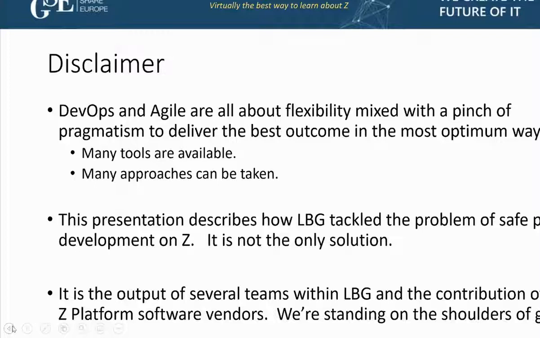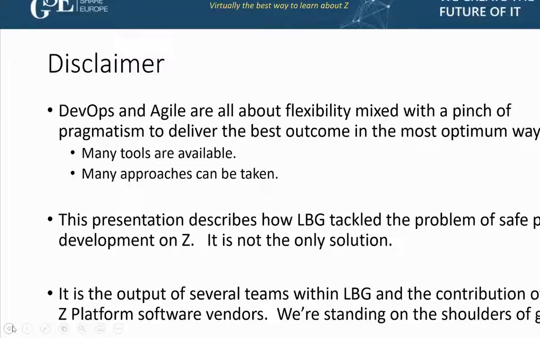A quick disclaimer before we launch into things. DevOps and Agile, it's all about being flexible and being pragmatic. There are lots of ways you can skin the proverbial cat. There are lots of tools out there that will do things for you. This presentation is how we've tackled the problem of flexibility at Lloyds Bank.